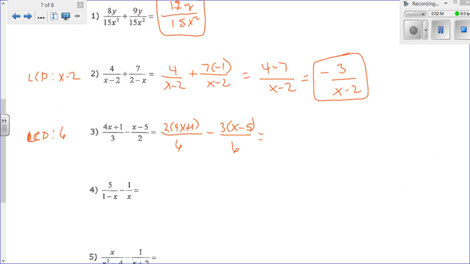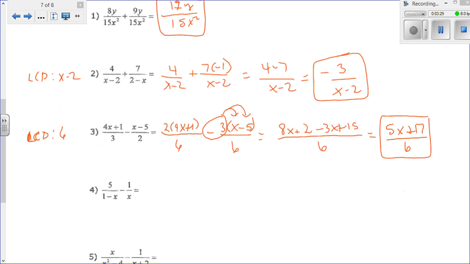So distribute in the numerator, and I will have 8x plus 2. And then here I need to be careful because that negative sign needs to go with the 3 when I distribute. So it'll be minus 3x plus 15 all over 6. So now I combine like terms. 8x and minus 3x is 5x, and 2 plus 15 is 17. Then I look to see if 5, 17, or 6 have common factors, and they do not. Therefore, I am done.